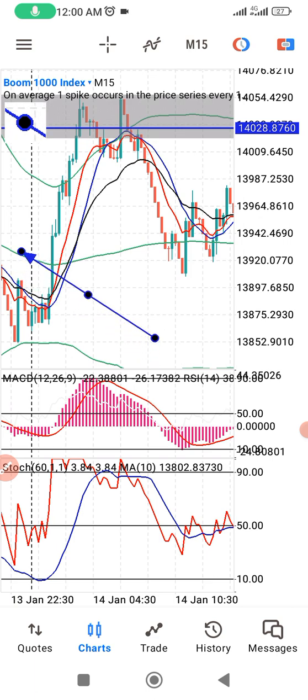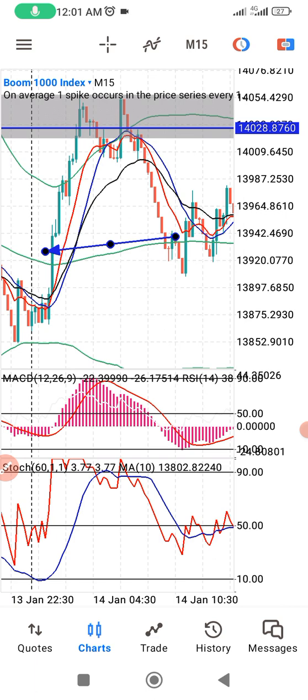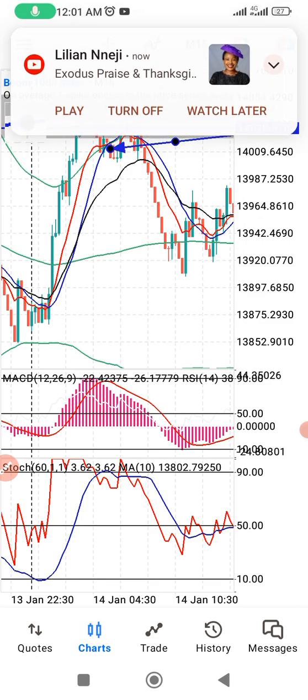And then the lower Bollinger Band helps us to determine the exhaustion point for a sell, and from there we can predict a possible reversal of the market. And then we have our moving averages, which help us to determine our entries: EMA 10, simple moving average 15, and EMA 22 respectively.